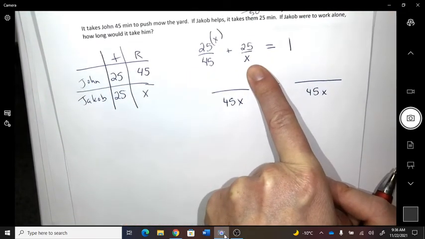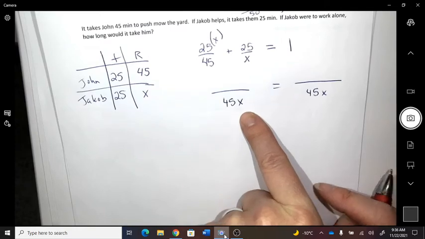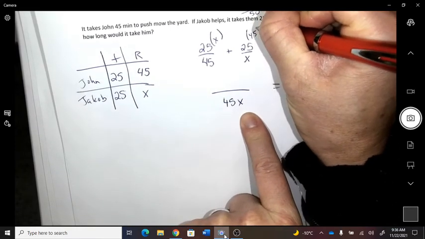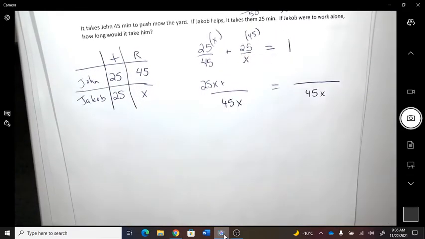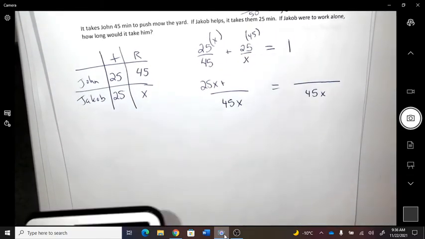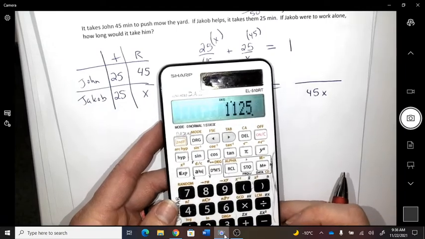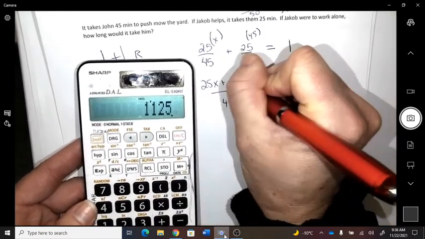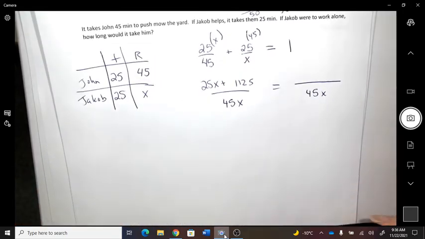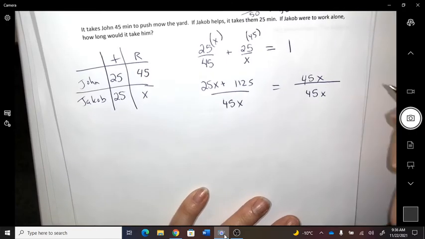This fraction would have got multiplied by 45. So 25x plus 1,125. Okay, and then when I just think 1, I just make sure it's the top, bottom the same, right?